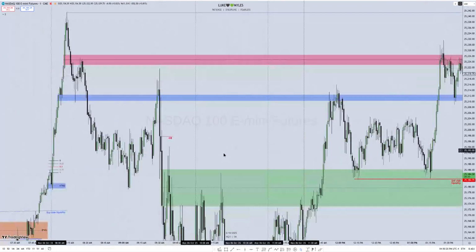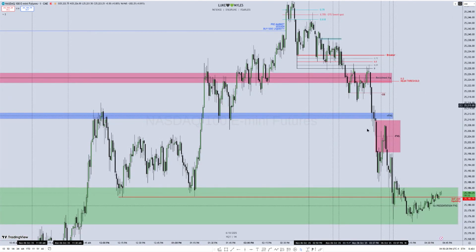So I have this bullish fair value gap, which was also inversed, giving it a bearish role. So it was inversed, reinversed, used as a bullish fair value gap, reinversed again, making it an inversion fair value gap right there for the final hour.